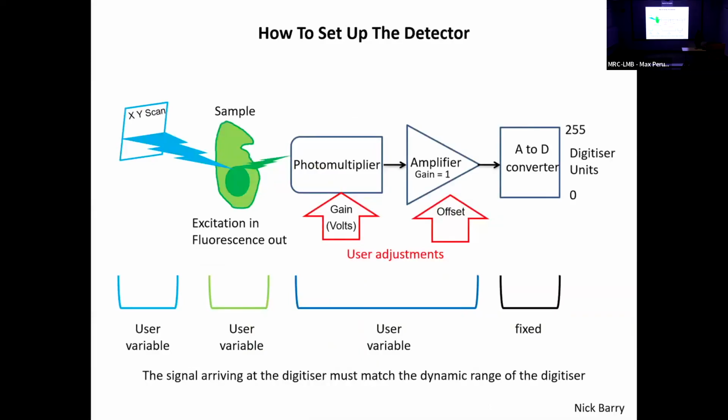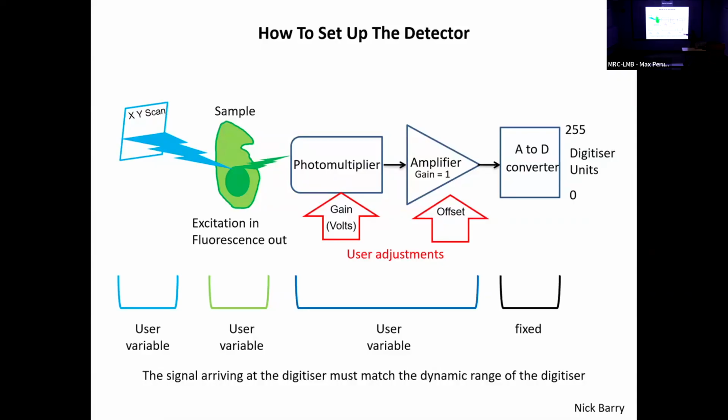Right, we're reaching the end of my slot. I'm going to skip this bit. There's a lot of things you have to get right in confocals, and actually that's what goes on in training. It's just about how to set up the confocal so you correctly capture in the electronics a proper representation of the object that's fluorescing on the microscope stage.